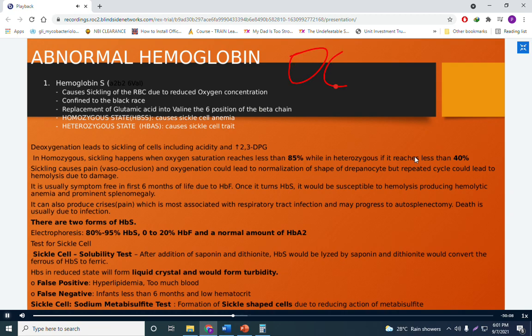Class, when you hear the word occlusion, what comes into your mind?